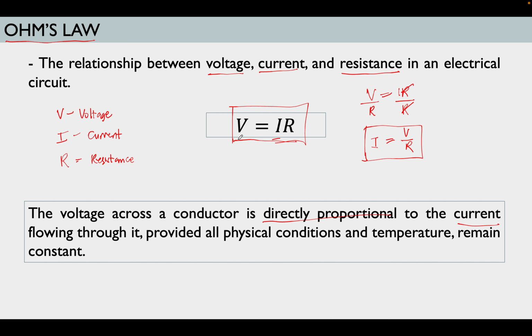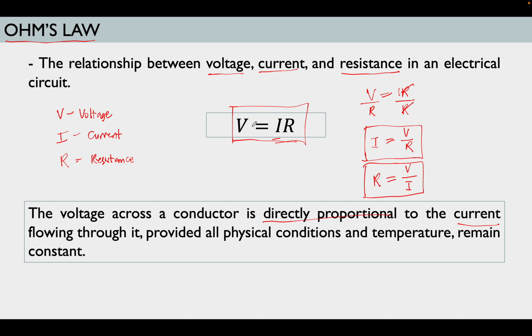Now, if we are asked for the resistance, given the voltage and the current, resistance is voltage over current. So here are the equations to solve for the voltage, the current, and the resistance for Ohm's law.